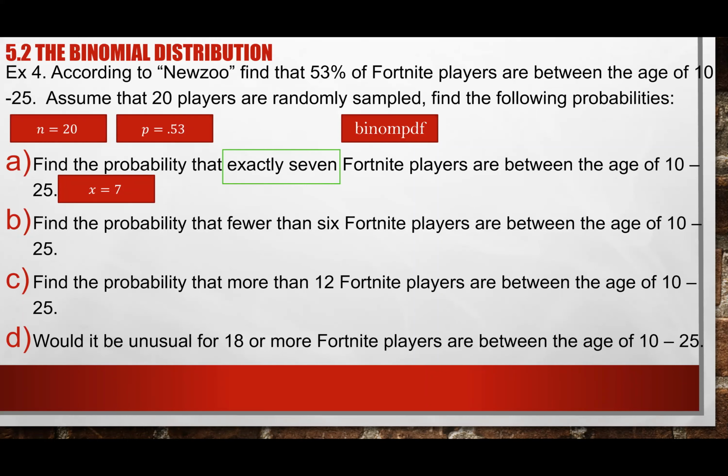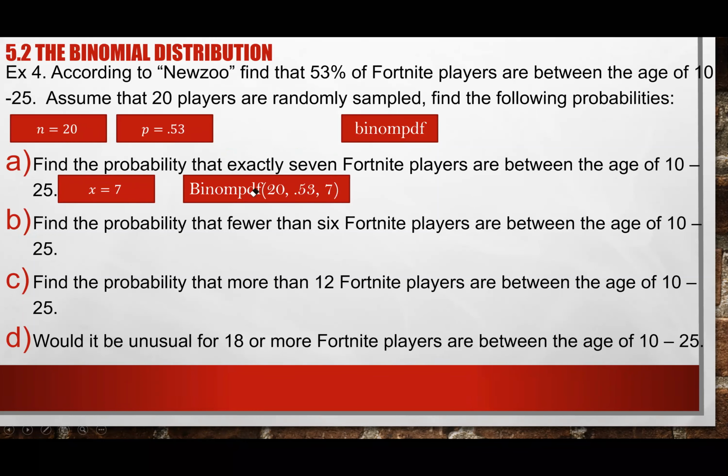If you plug in binomial PDF, this is what you should have: binomial PDF, 20 is your total, which is your N, 0.53 is your P, the probability, the chance that we have a person in this age group, and X is equal to 7, exactly 7.